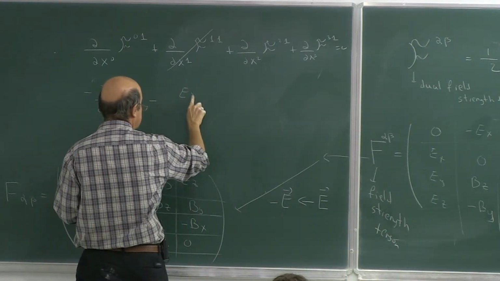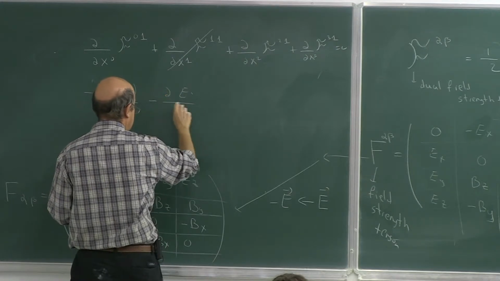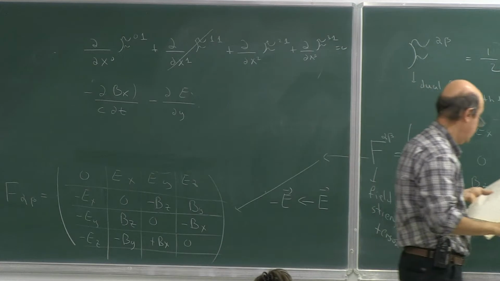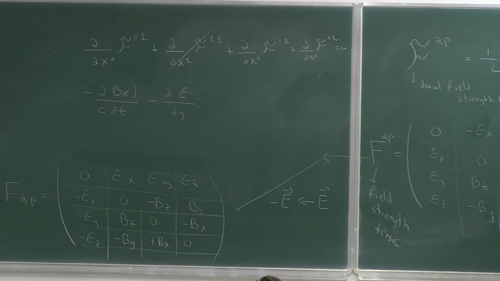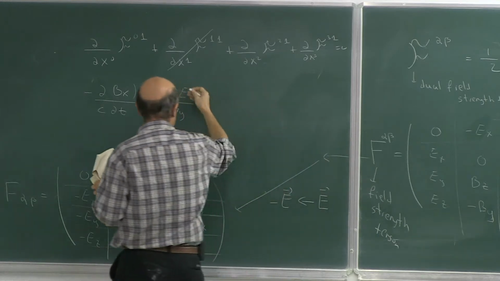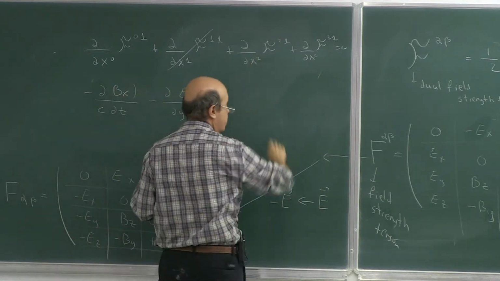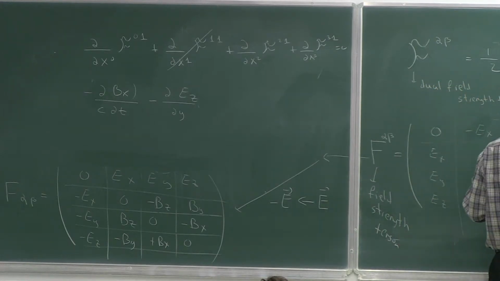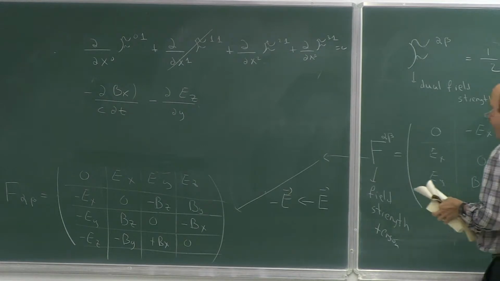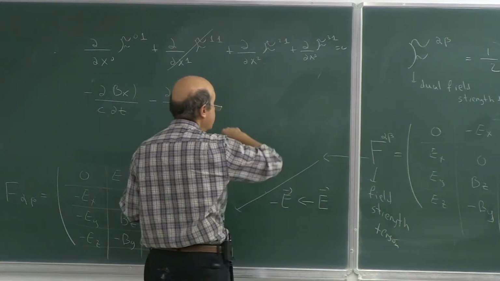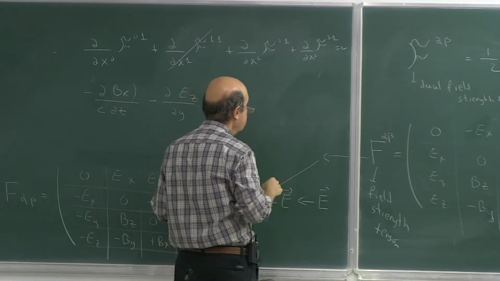Did I write incorrectly? This is incorrect, I think. Del over del y. This should be Ez. This component, Ez. 2, 1 is the Ez, right? What is f tilde 3, 1?